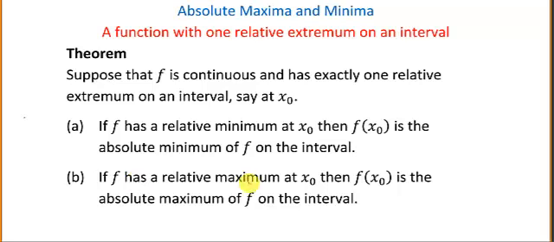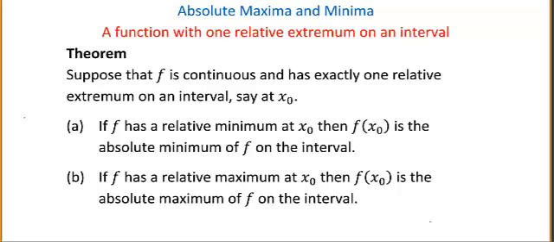If f has a relative maximum at x0, then f of x0 is the absolute maximum on that interval. So again, if we have a continuous function that has precisely one relative extremum on an interval, then if that relative extremum is a relative minimum, it's the minimum on that interval. If it's a relative maximum, it's the maximum on this interval.